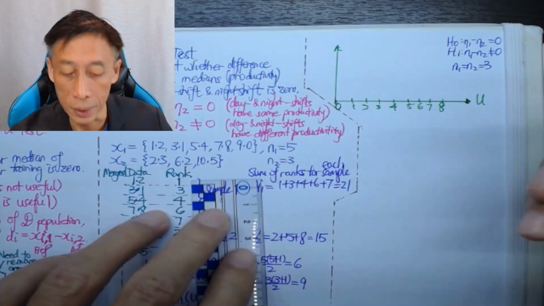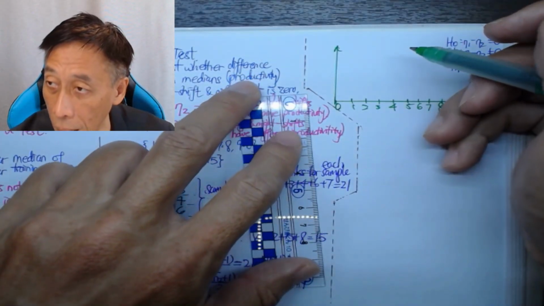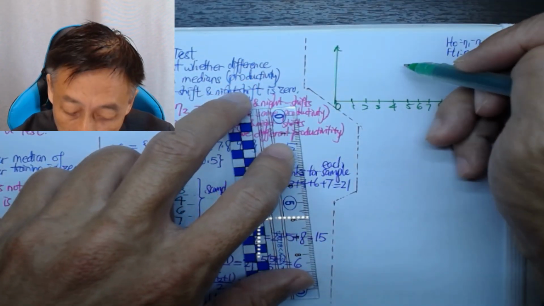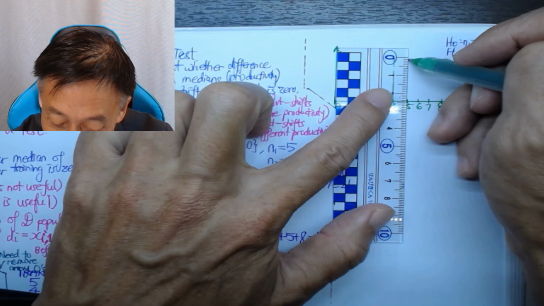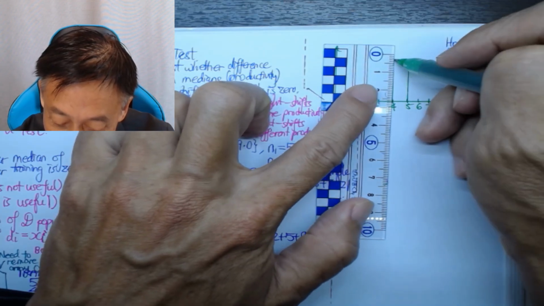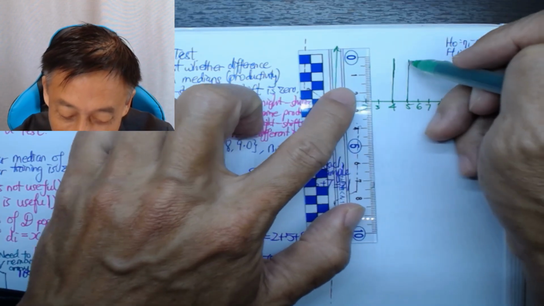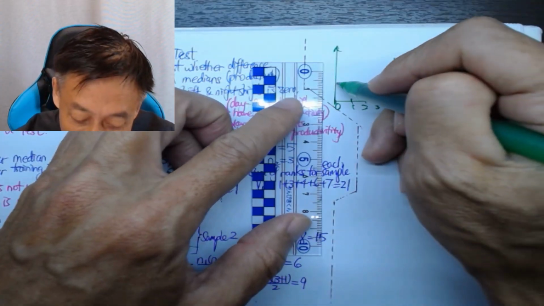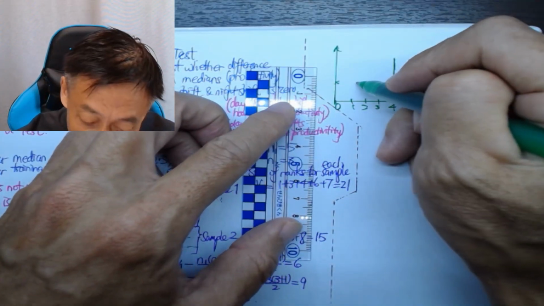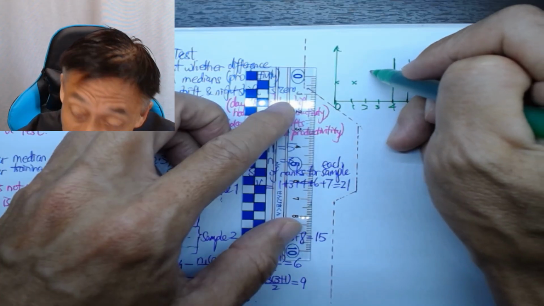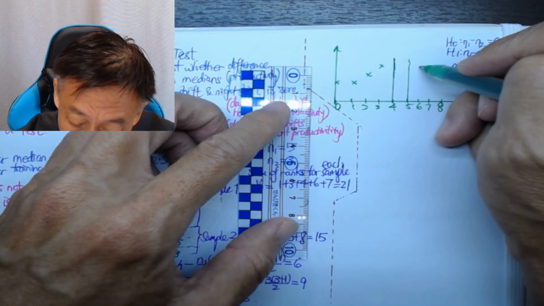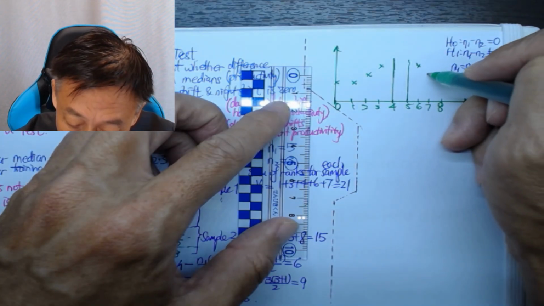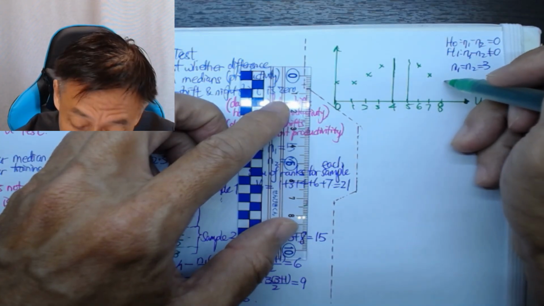Not surprisingly, the Mann-Whitney tables are somewhat symmetrical, and they are stickish. In other words, it doesn't mean they're sticky, but they're stickish in the sense that they are very much like a bamboo stick, right? So like this, something like that.